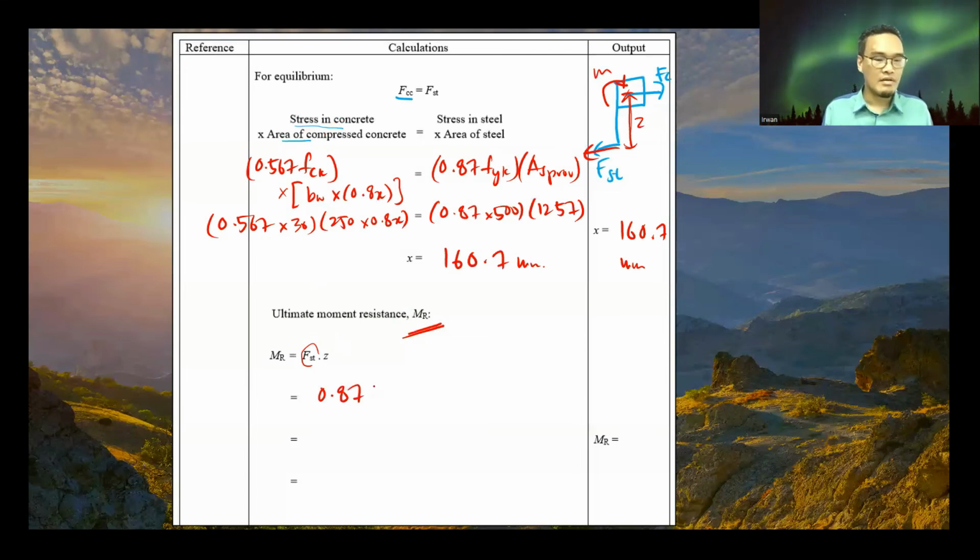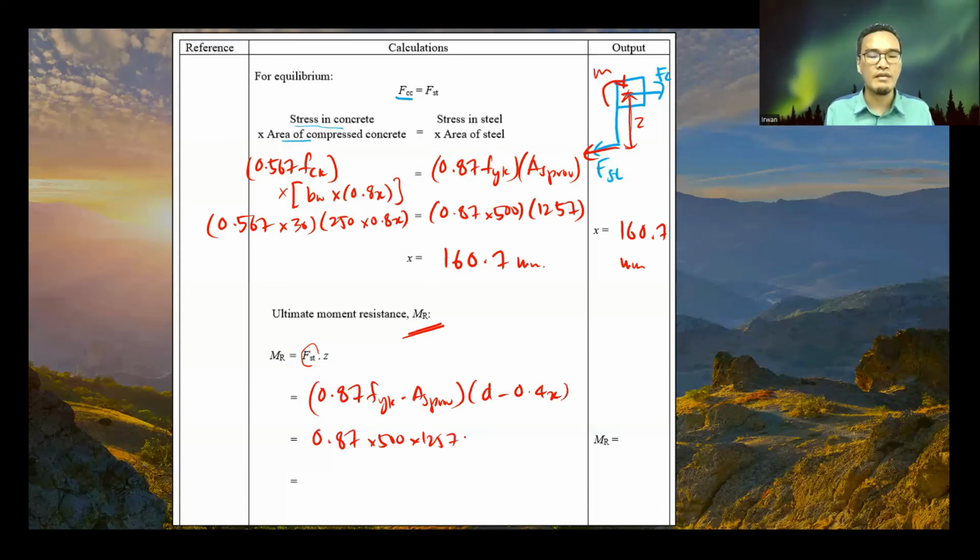FST is equal to 0.87 FYK times AS provided, and then the Z is equal to D minus 0.4x. So 0.87 times 500 times 1257, and then D is 502 minus 0.4 times 160.7.